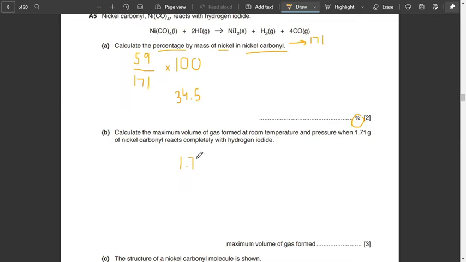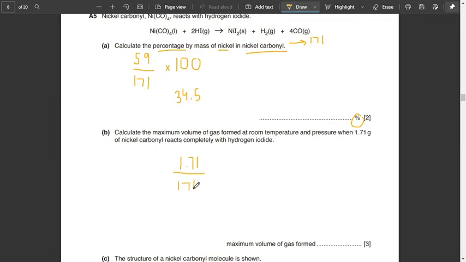So how many moles? First of all, we're going to calculate the moles. The simple way to calculate moles is mass divided by the Mr given. Alright, that's the moles formula.